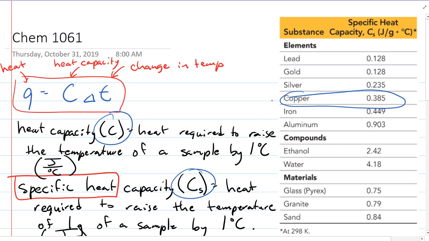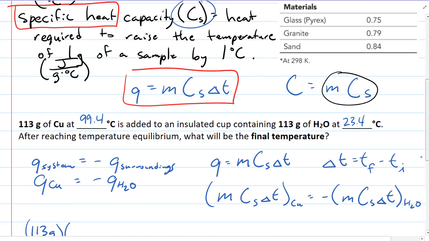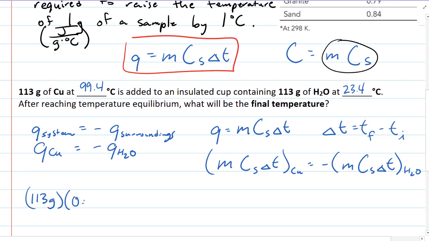For the copper, that value is 0.385, in units of joules per gram dot degrees Celsius. So we'll come back here and put in 0.385 joules per gram dot degrees Celsius.